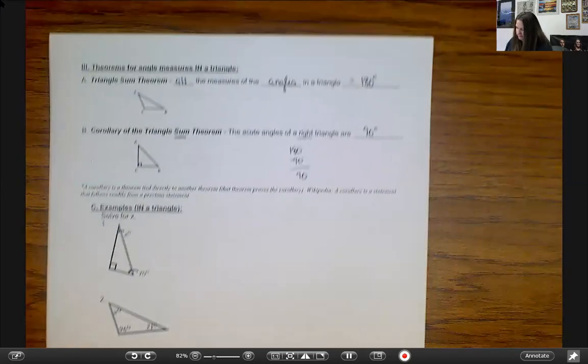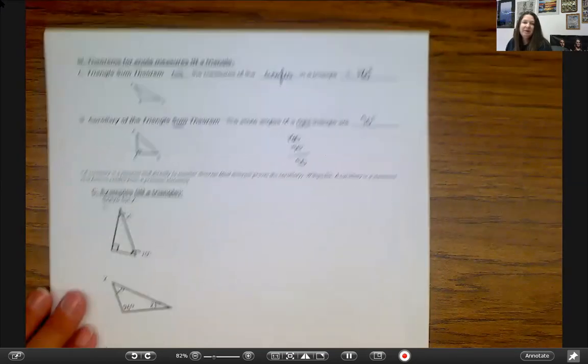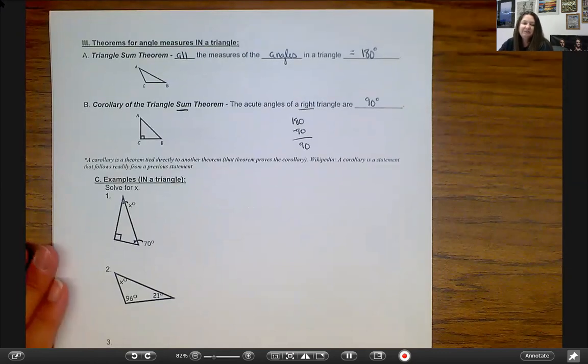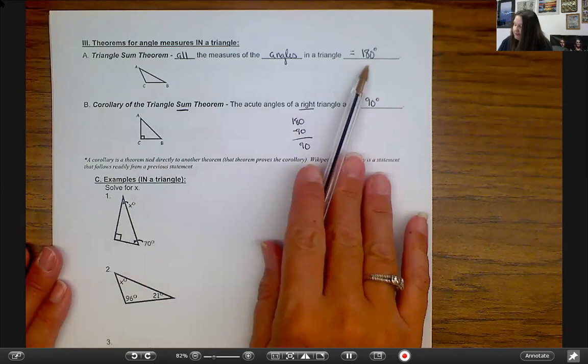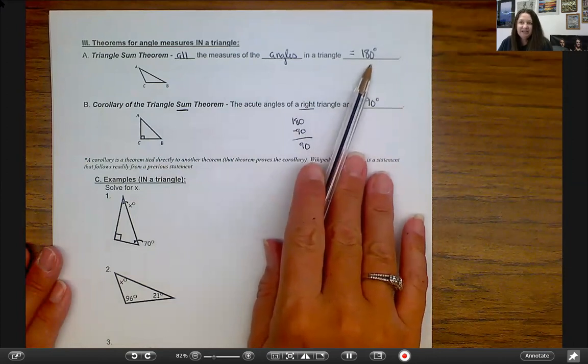All right, so a couple reminders about the angles themselves before we really start solving. We have what's called the triangle sum theorem. All the measures of the angles of a triangle have to equal exactly 180 degrees.